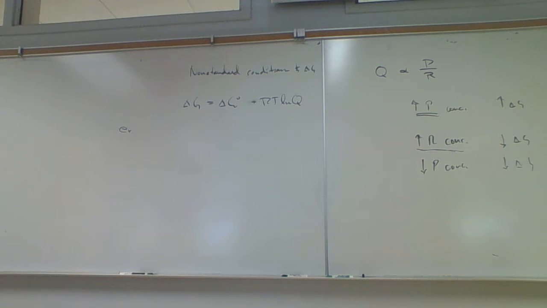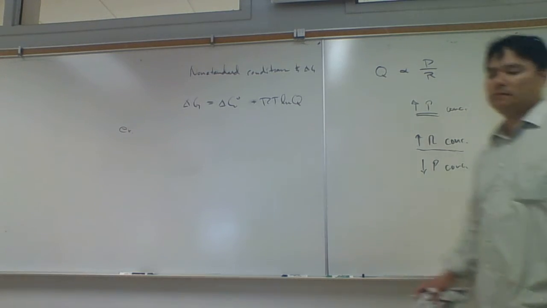This is the sum of the coefficients in the products, and this is the sum of the coefficients in the reactants. And so we're going to simplify that. We're going to call it Kc times RT to the delta n of gas, where delta n of gas is given by this equation.